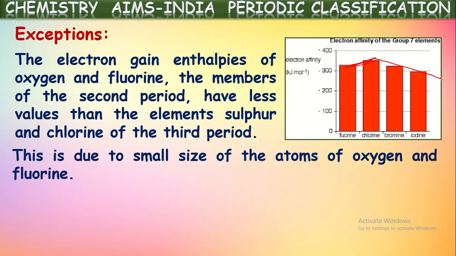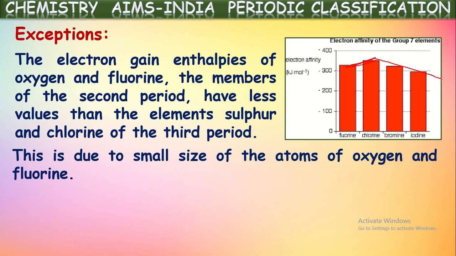Because of small size, there exist some repulsions between the already existing electrons and the incoming electron, and hence a certain amount of energy will be utilized by these atoms to overcome these repulsions. That's why their electron affinity values are somewhat less than expected.